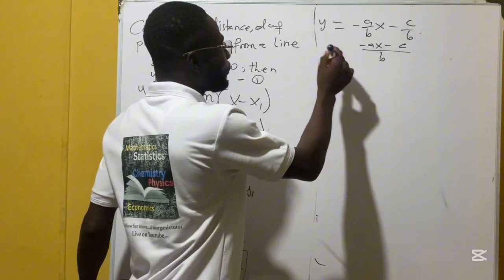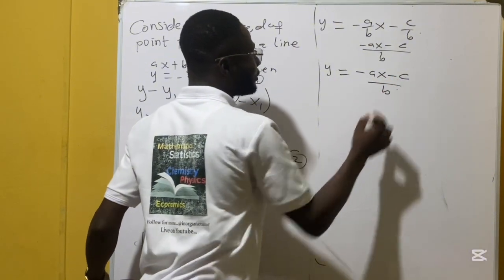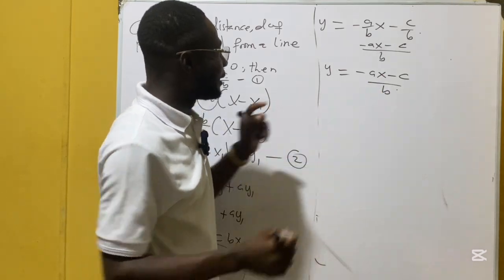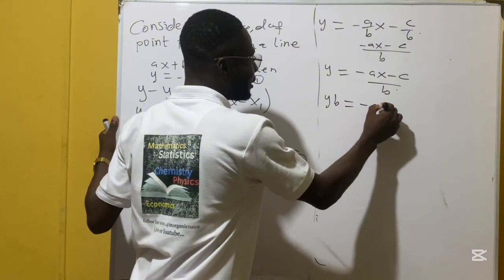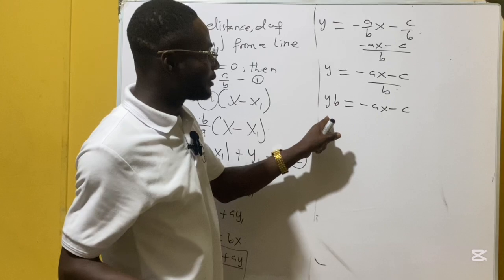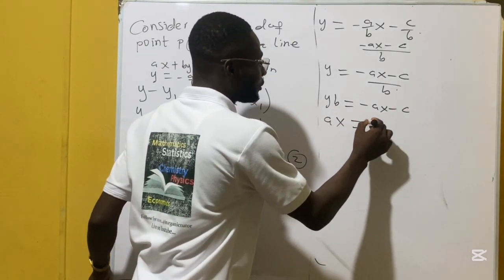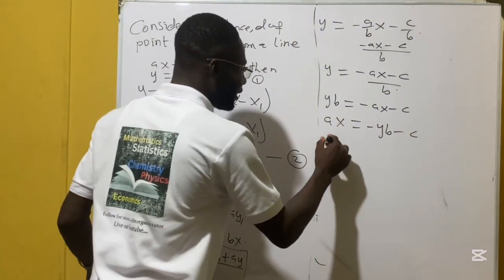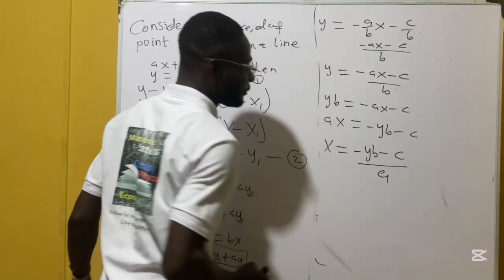So basically, we're going to have y equals minus ax minus c over b. Okay, so if you need x, then let's try to multiply through by b. So we have yb equals minus ax minus c. We are interested in the x, so we send this here and bring this here. So we're going to have ax equals minus yb minus c. Okay, so we have x equals minus yb minus c over a, right?